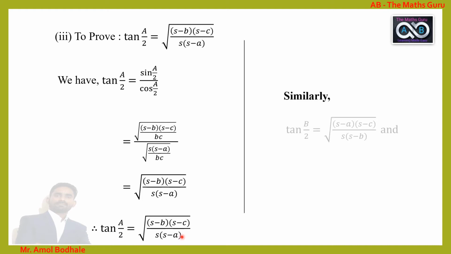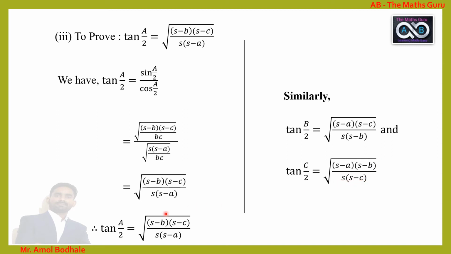So similarly we can replace angle A by B, and here we can replace b, c and a. So tan of B by 2 equal to square root of (s minus a) into (s minus c) upon s into (s minus b), and tan of C by 2 equal to square root of (s minus a)(s minus b) upon s into (s minus c).